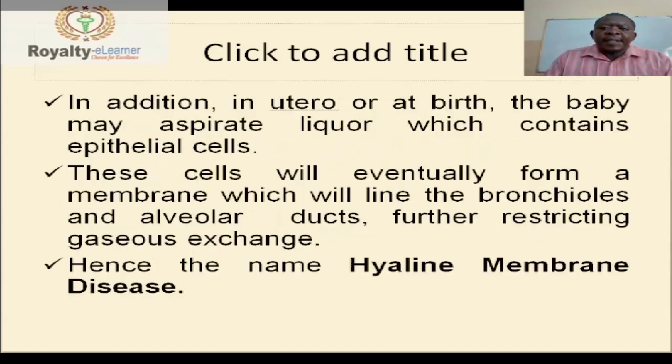In addition, in utero or at birth, the baby may aspirate liquor, which contains epithelial cells. These cells will eventually form a membrane which will line the bronchioles and alveolar ducts. This further restricts gaseous exchange because of aspiration of the liquor.